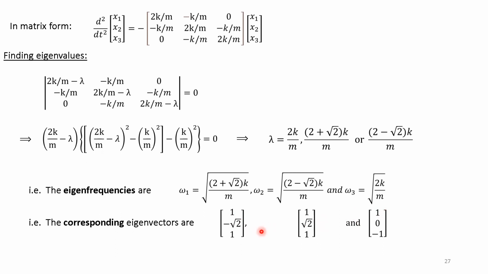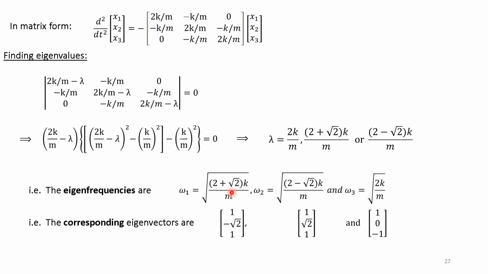So now let's try to understand intuitively the behavior of the 3 modes. You can see that I have the 3 eigenfrequencies. This one is the lowest, this one is in the middle, and this one is the highest.